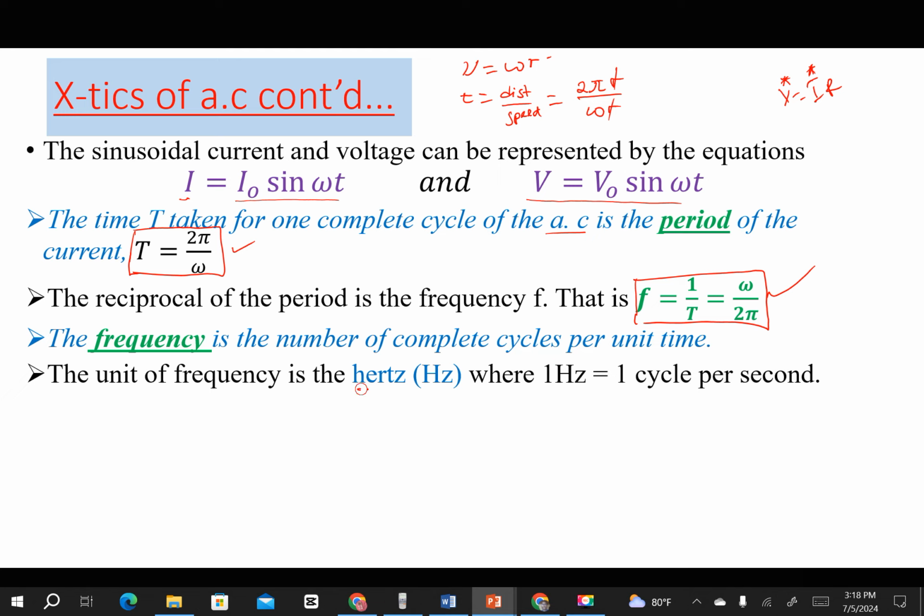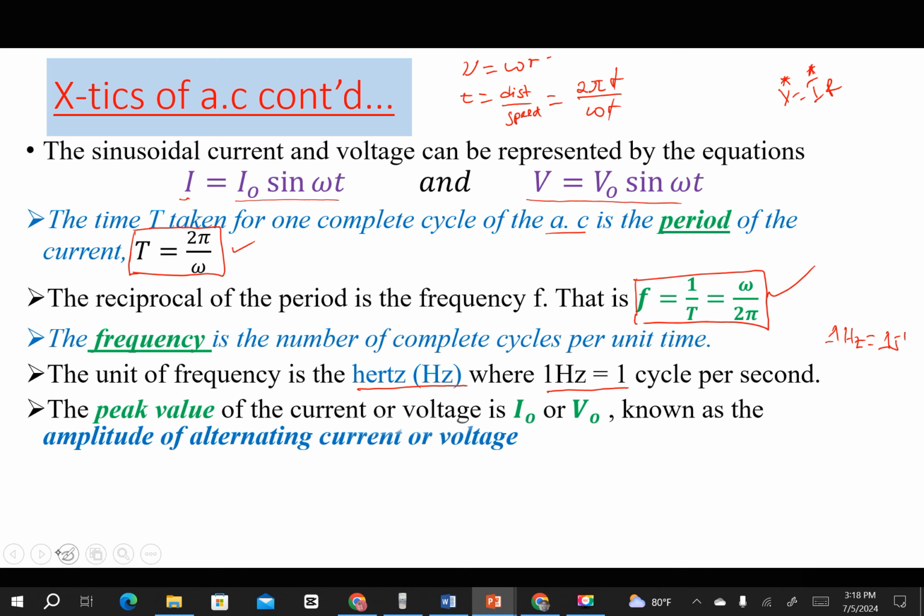That is the hertz, and of course, 1 hertz is 1 cycle per second. Sometimes my students write 1 hertz as 1 per second. So frequency has the same units as those of waves, because it's still frequency.